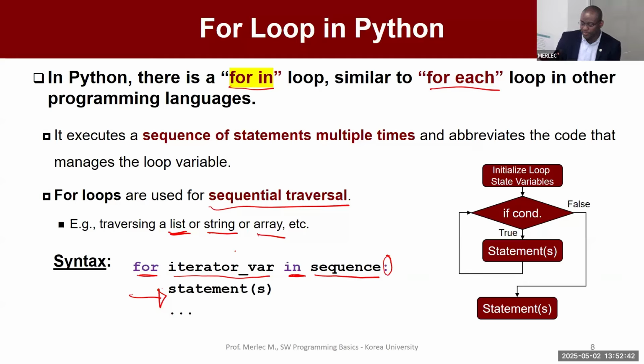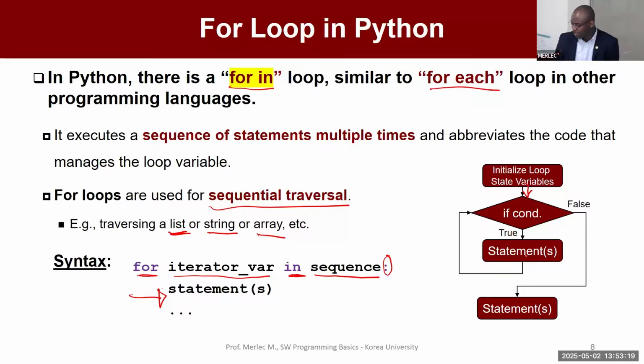Like here, representing a for loop in the flowchart, we have to provide first the variables that will be used to control the loop. So we have to initialize them, and then after initializing them, we can start the loop by checking the condition that will be used to control the iteration.